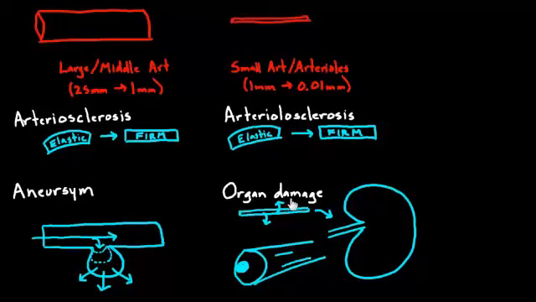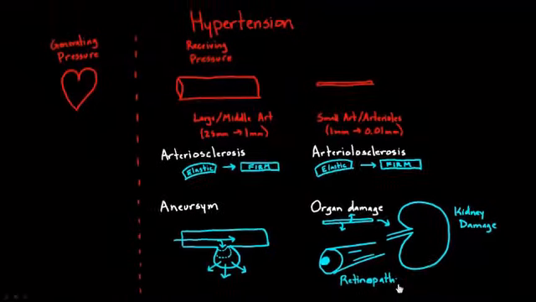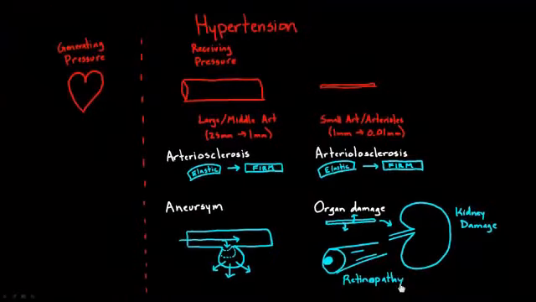For example, the kidneys require that these small arteries and arterioles are working properly. And if they're not, you start getting some problems with being able to do the job of the kidney. And so you can get kidney damage. Or if it's in your eye, you can get what we call retinopathy. Basically meaning that the retina is not working properly. So you can have kidney damage or retinopathy.